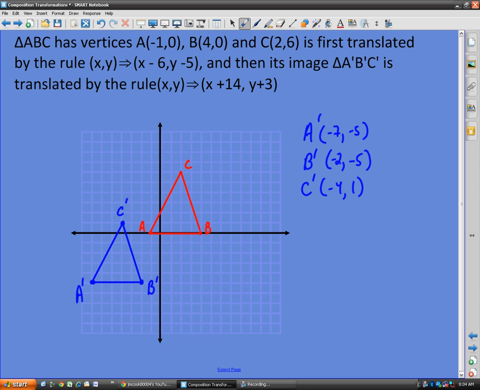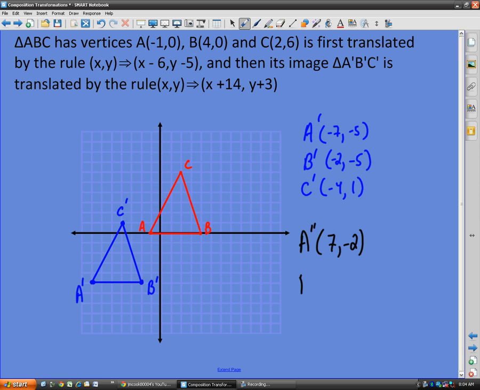Finally, if I apply this next rule to it, I will get a new triangle. I did one slide, now I'm going to do another slide to it, applying it to these points over here. A double prime will be adding 14 to -7, which gives me 7, and adding 3 to -5, which is -2.